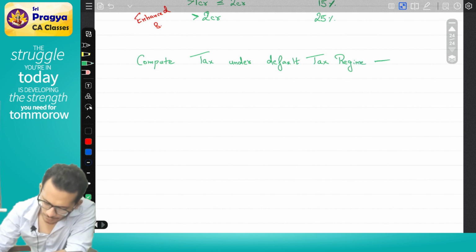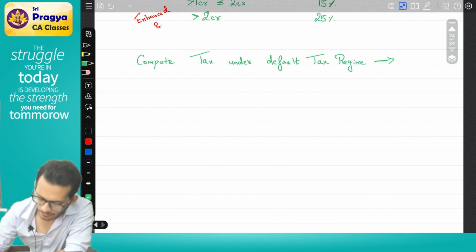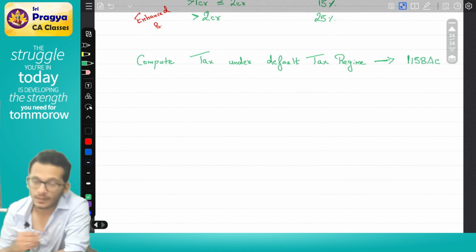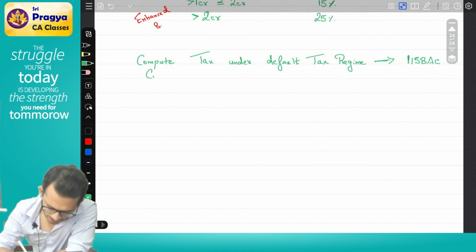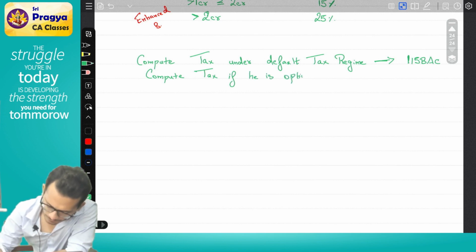In that case, you need to do 115BAC. Then they may say, compute tax if he is opting out of default regime.